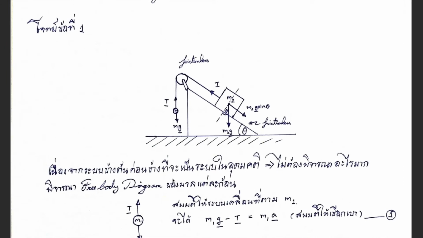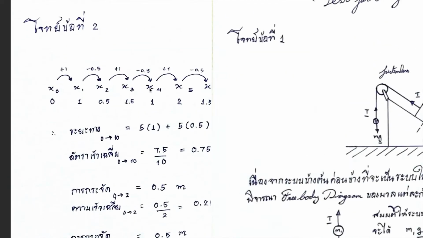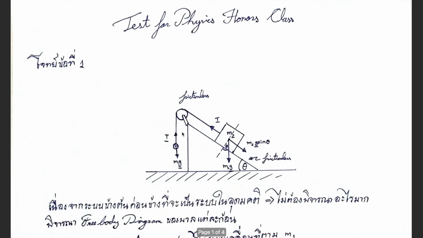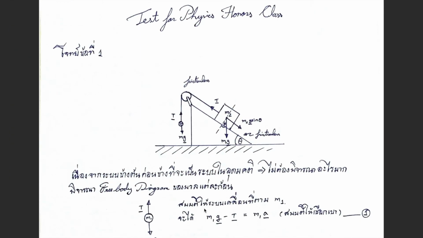Then what we are going to do, as this system is quite an ideal system, so not much needs to be considered, is consider the free body diagram of each mass. Let's talk about mass one first.